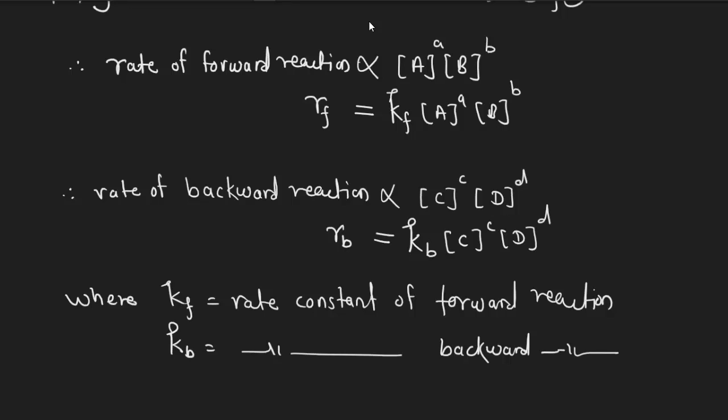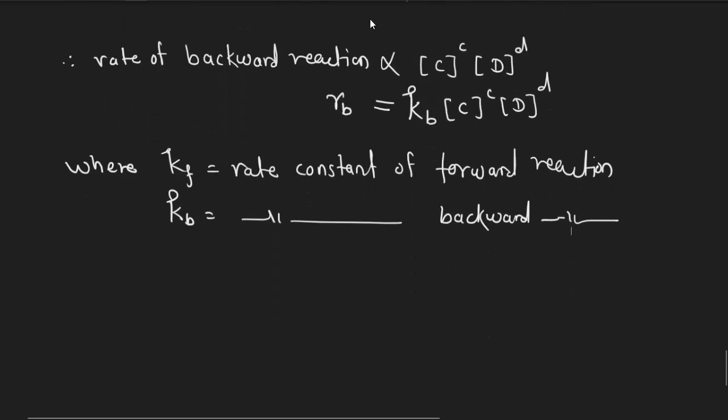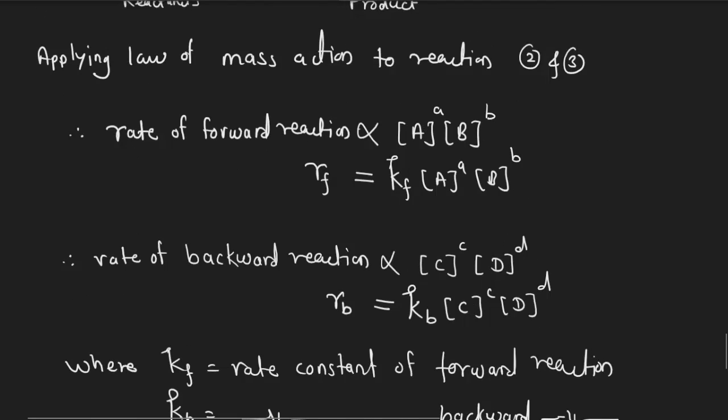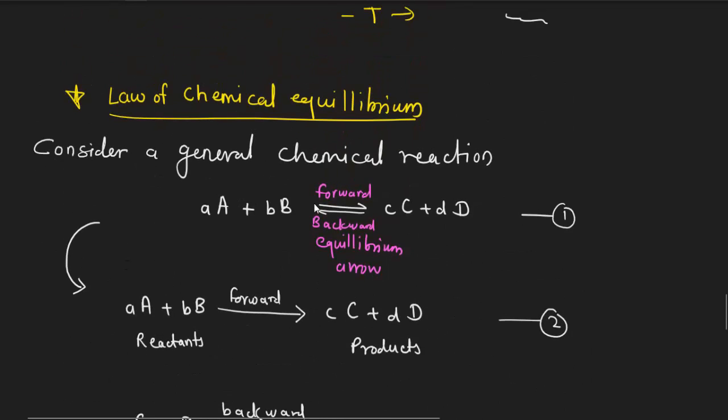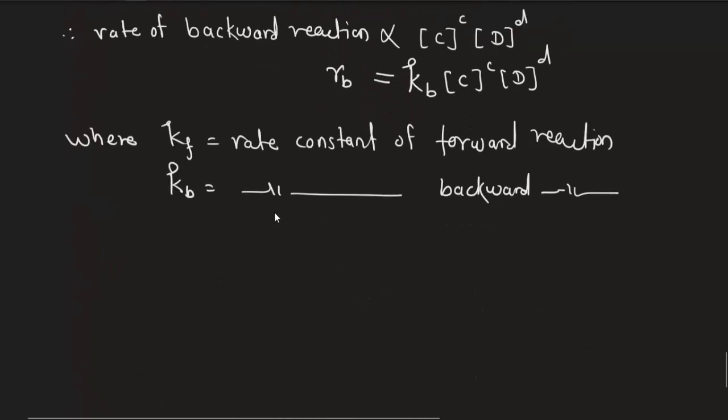Now, what happens at equilibrium? At equilibrium, the rate of the forward reaction equals the rate of the backward reaction.